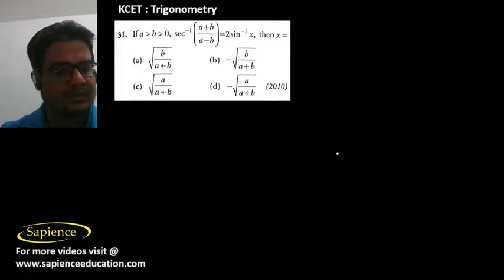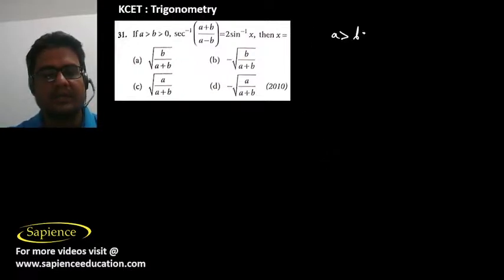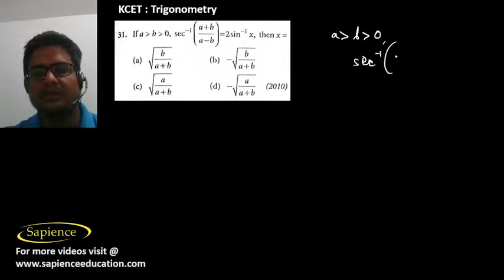Then here it is told that if A is greater than B is greater than 0, and sec inverse of (A plus B) by (A minus B) is equal to 2 sine inverse of X, then X is equal to how much?